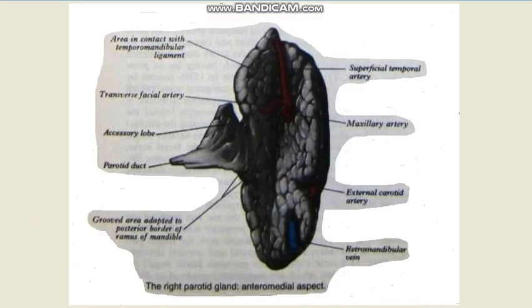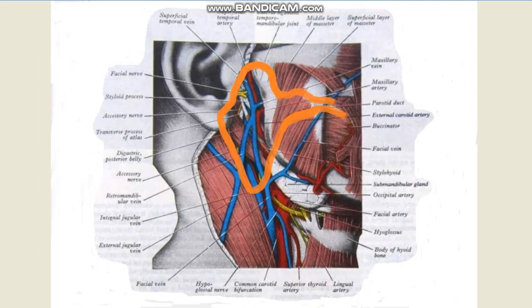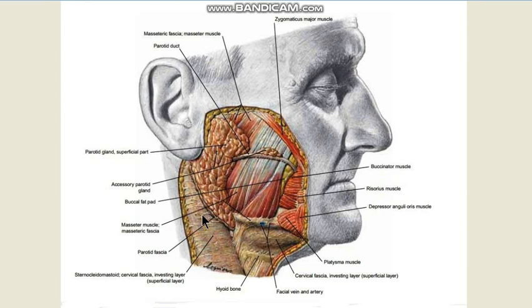Now if we take a look at these surfaces separately, if you look at this external surface, if you come to the surface from the skin, below the skin and subcutaneous tissue, you have the cutaneous nerves, that is the great auricular nerve supplying the patch of skin over the parotid.